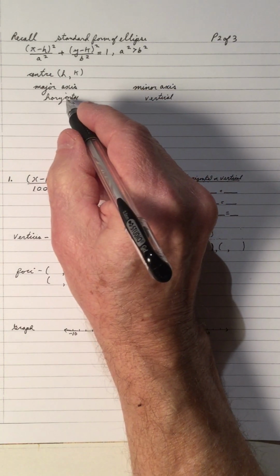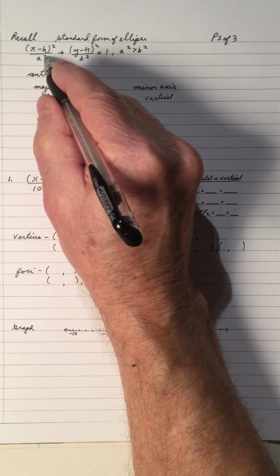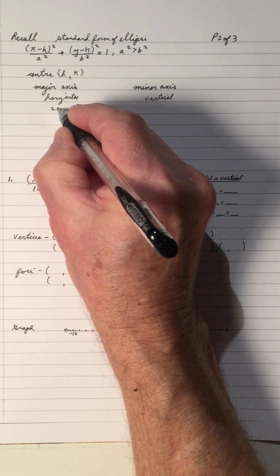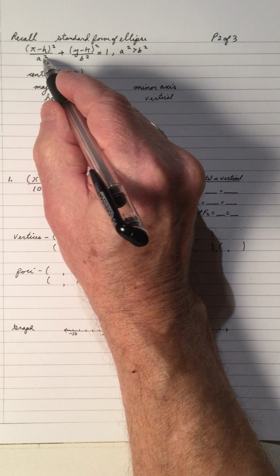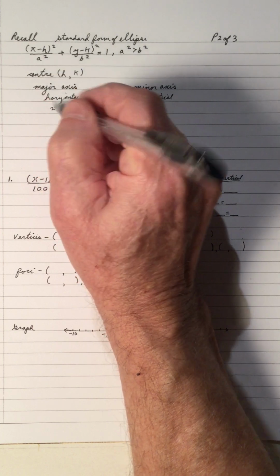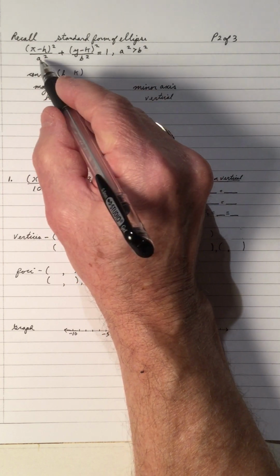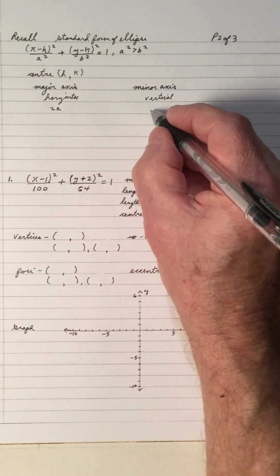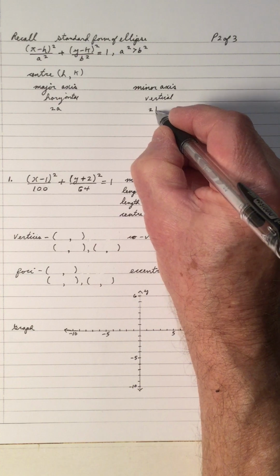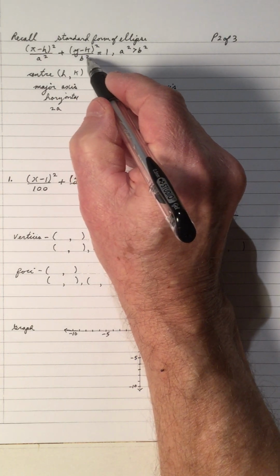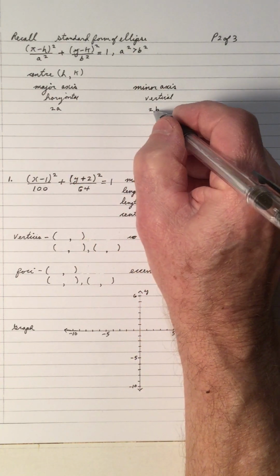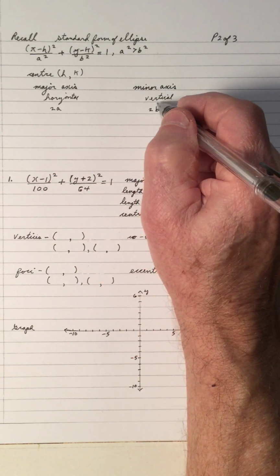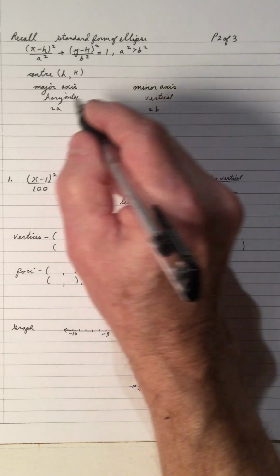The length of the horizontal axis is the square root of this number, which is a, doubled, so it's 2a, because it goes to the right and to the left. So the vertical must be 2b: you take the square root of this number and double it to get the length of the minor axis. The major is always longer than the minor. That's what makes the ellipse oval.